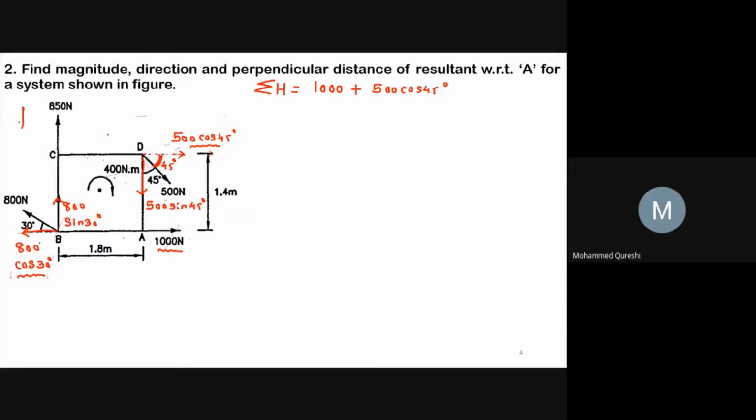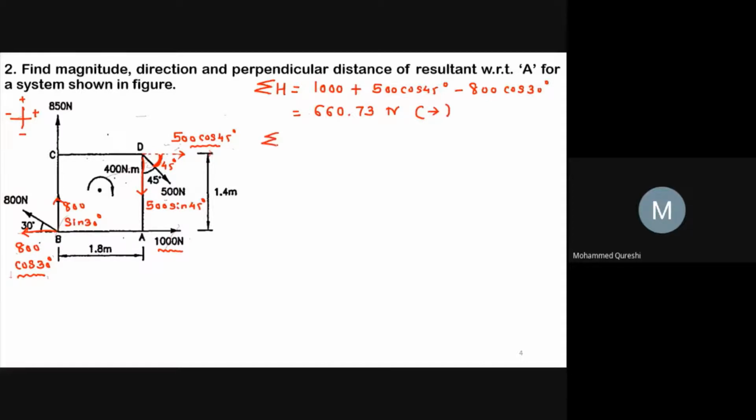Just remember this figure for considering the value of positive and negative. So here minus 800 cos 30 degree. After solving this, you will get the value of sigma h as 660.73 Newton. Positive, so I will denote over this notation.